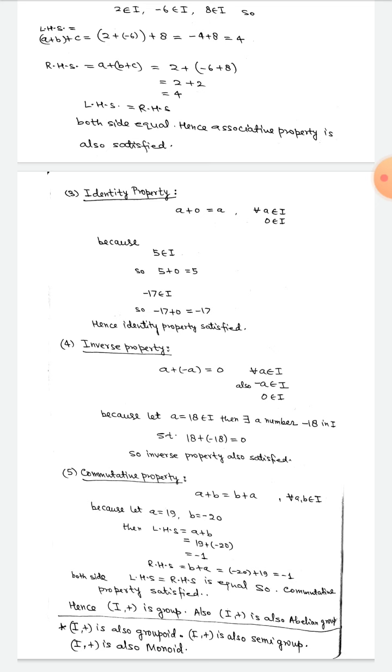So students, this is my topic. Today we studied what is a group, or what is an additive group, with an example. For the example we took the set of integers. Okay students, thank you students.